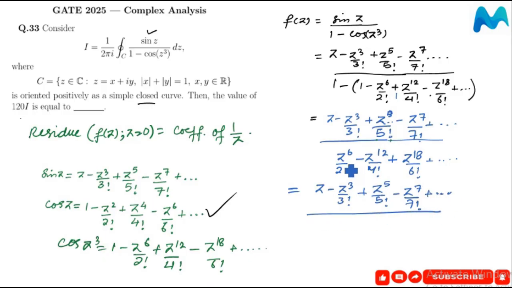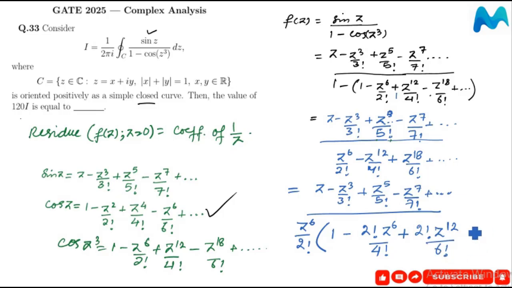In the denominator we can take z^6 by 2 factorial common, leaving 1 minus 2 factorial z^6 by 4 factorial, plus z^18 by 6 factorial terms, with a negative sign.